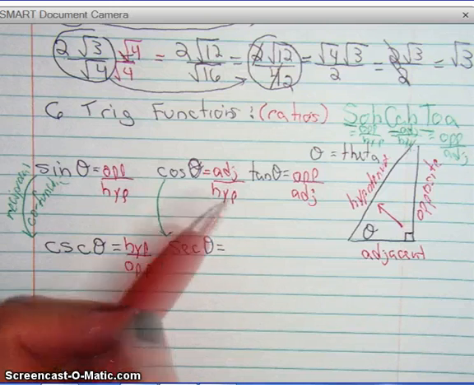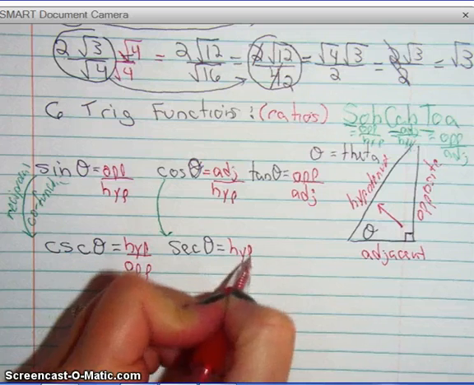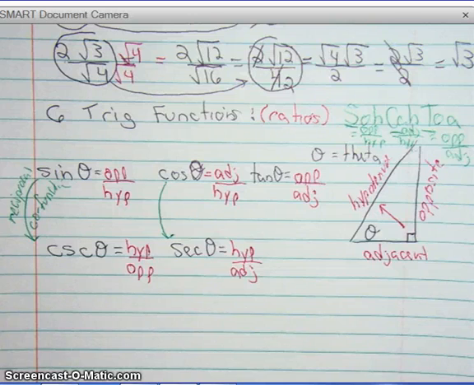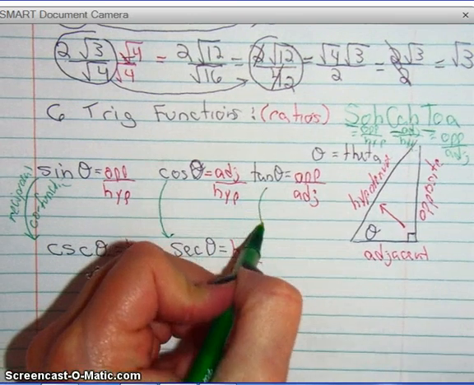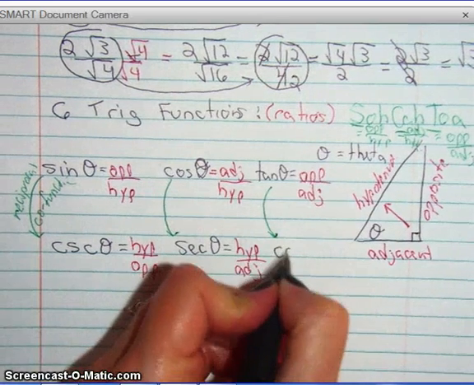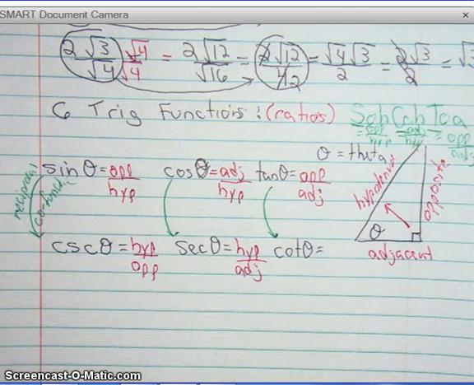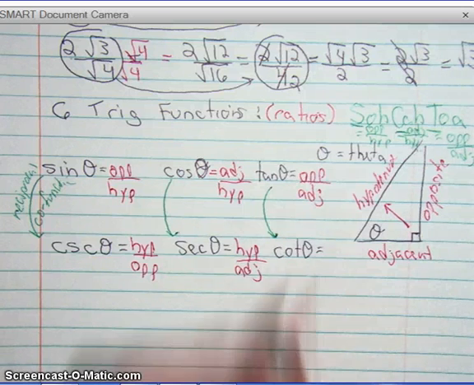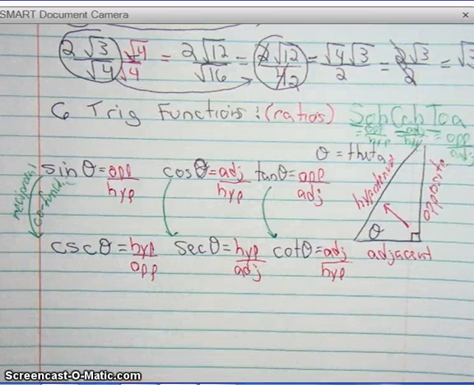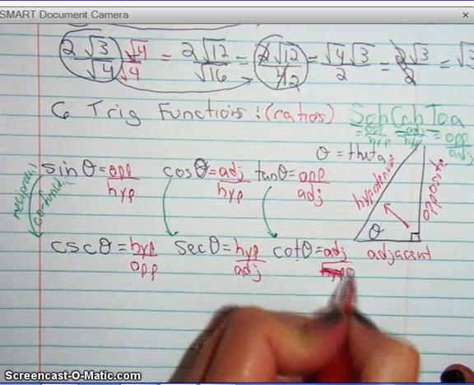You said adjacent over hypotenuse. There you go, hypotenuse over adjacent. Good? The cofunction of tangent is cotangent theta. Sierra, how do you reciprocal tangent? What do you get? Very good. Adjacent over opposite. Sorry, I meant to write opposite.